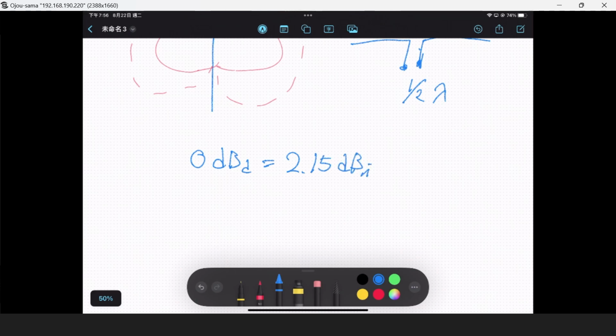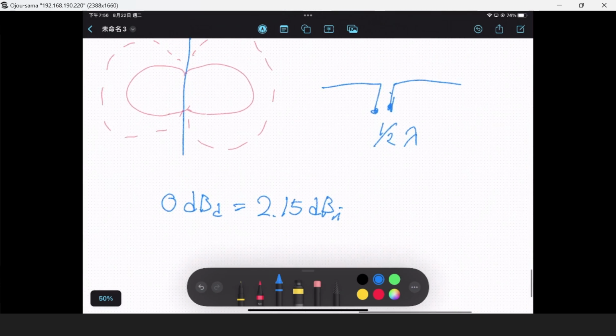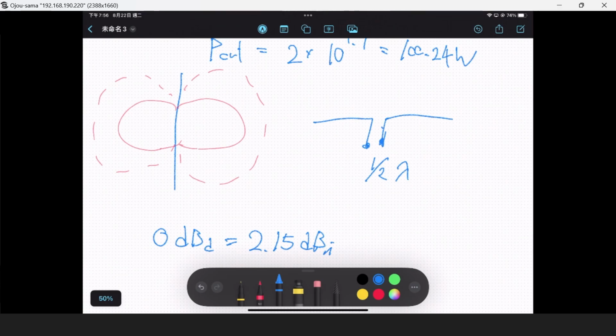This equation appears in our very first lesson, and I did not include it in my notes. If we talk about antennas, most of the time we are talking about the dipole antenna, not the isotropic.